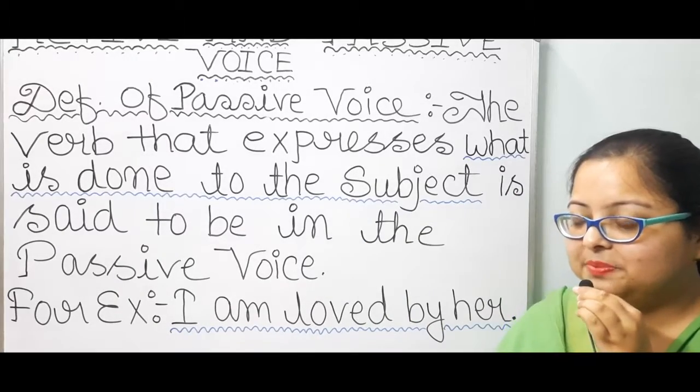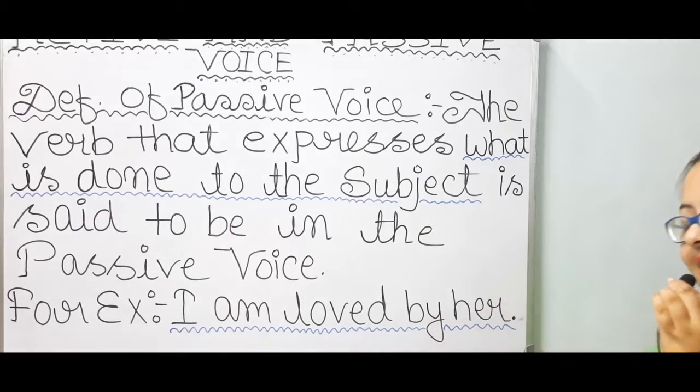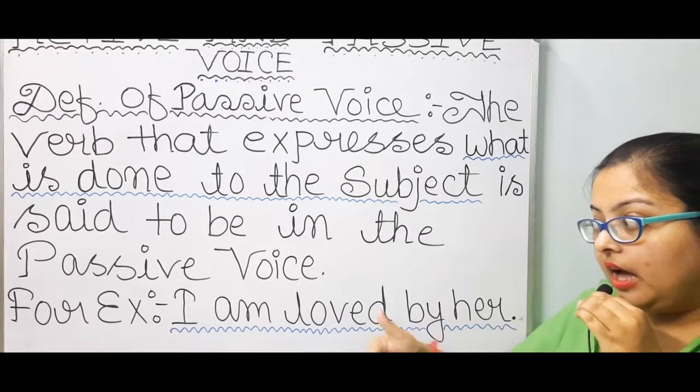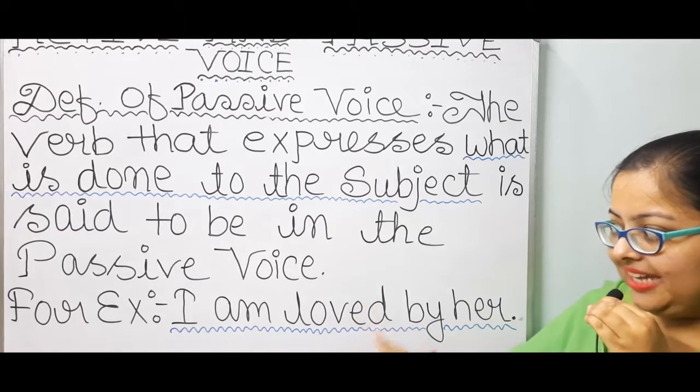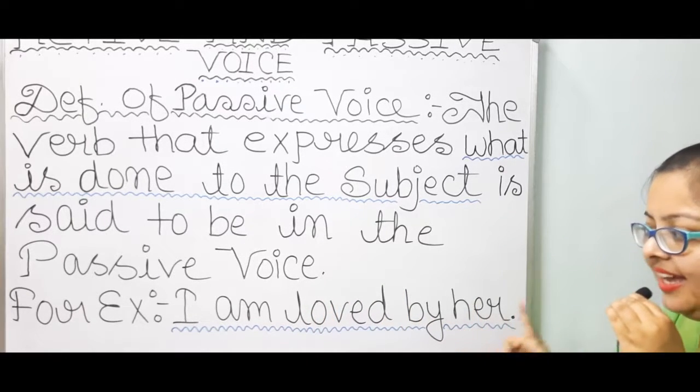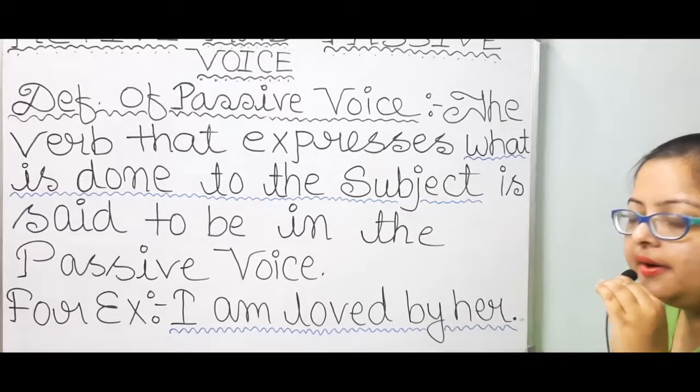For example, I am loved by her. What is done to me by her? I am loved. So the activity is done to me. I am loved. By whom? By her.